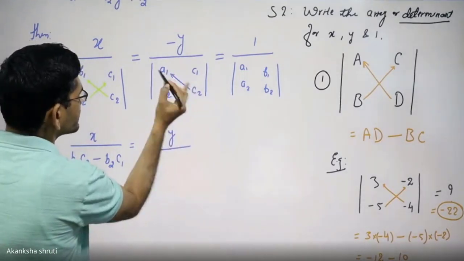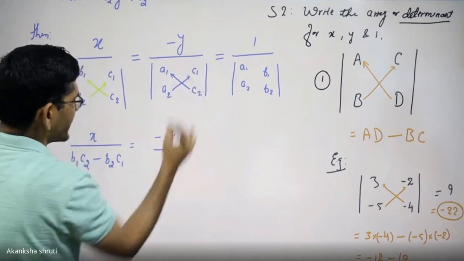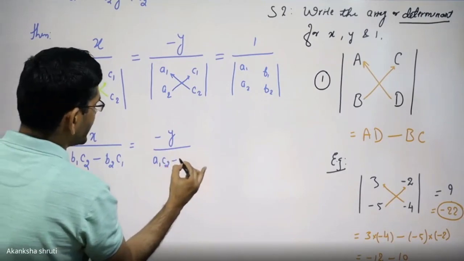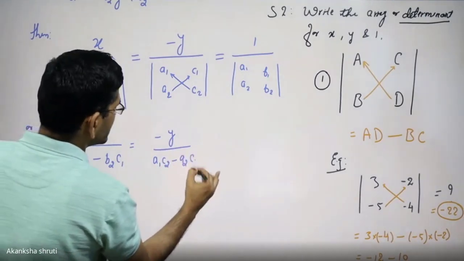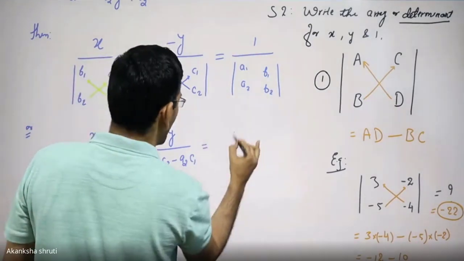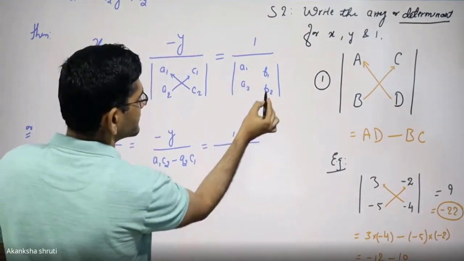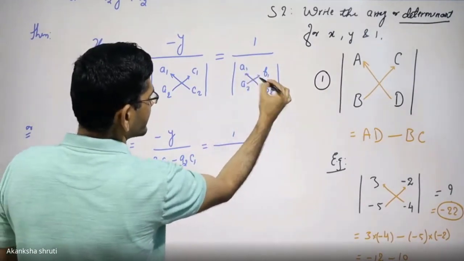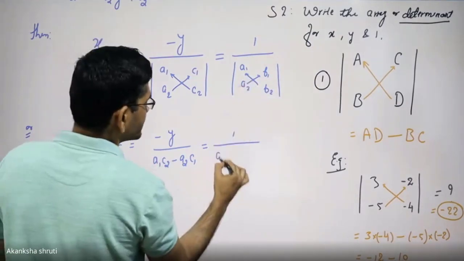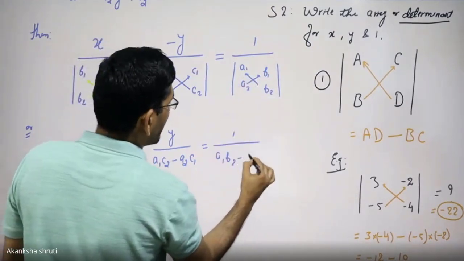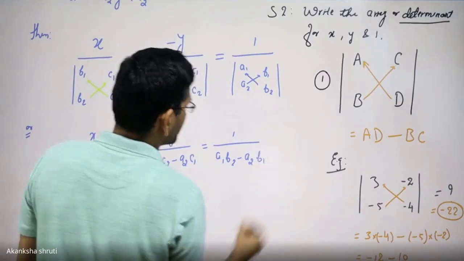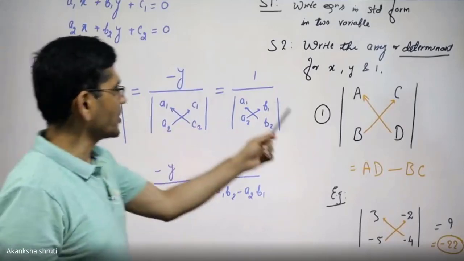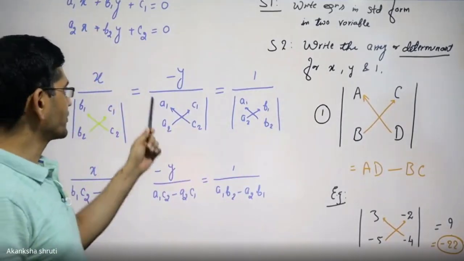Go for the same thing, remove this array. So A1 C2 minus A2 C1 equals, this is 1, then go for the same, removing this array, it becomes A1 B2 minus A2 B1.